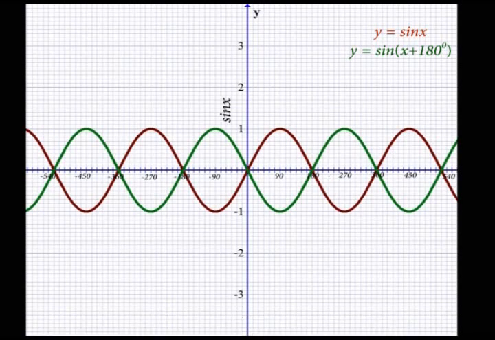And now it is appearing also as a result of a horizontal shift of 180 degrees. So we shifted to the left by 180 degrees, and it can also be seen identical to a right shift of 180 degrees. And so notice that different transformations can lead to the same results.